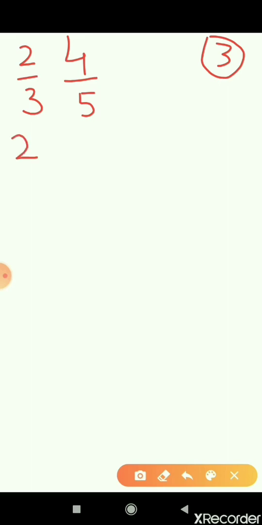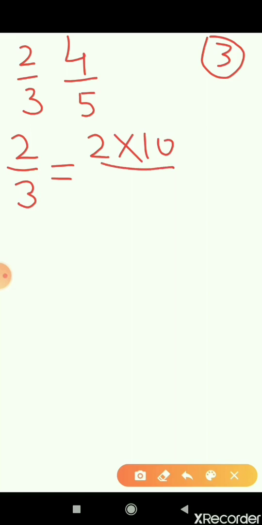First number is 2 upon 3, 2 into 10 upon 3 into 10 is equal to 20 upon 30.